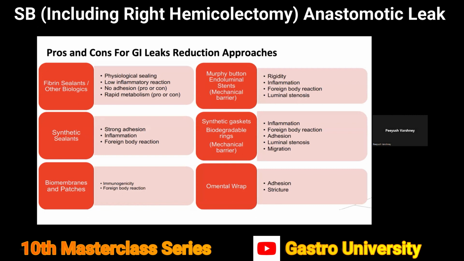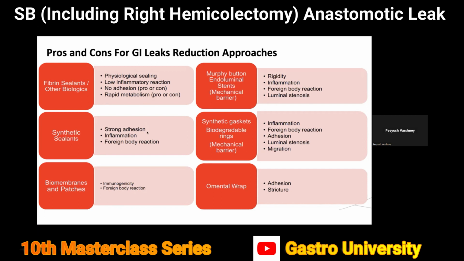So these are certain advantages and disadvantages of these mitigation strategies. Fibrin sealants, although they have a physiological sealing, do not form any adhesions and have a rapid metabolism. Similarly, synthetic sealants have strong adhesions and create a strong inflammatory reaction, so they may increase post-operative adhesions and obstructions. Similarly, biomembranes in patches have immunogenicity and create a foreign body reaction.